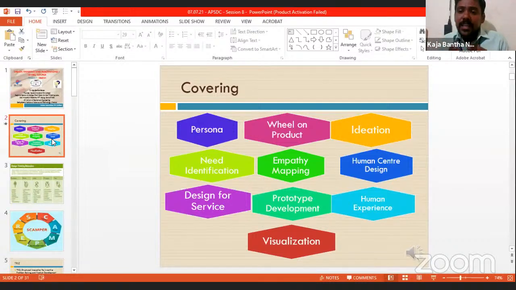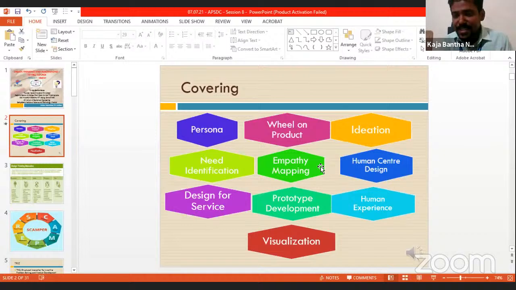How to approach the customer cordially, empathy, how to capture the emotions of the human, how to capture the product features, human centered design. We are seeing different products for human centered design, design for services, and prototype and human experience, which we will see in coming days.